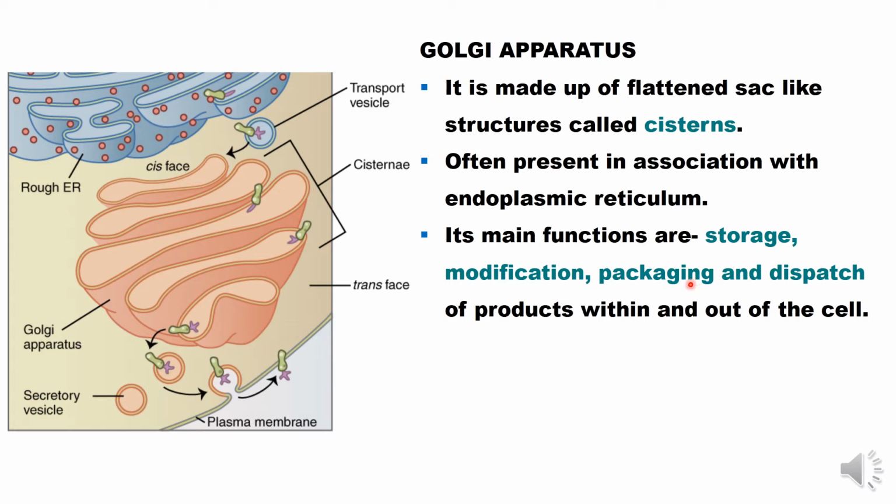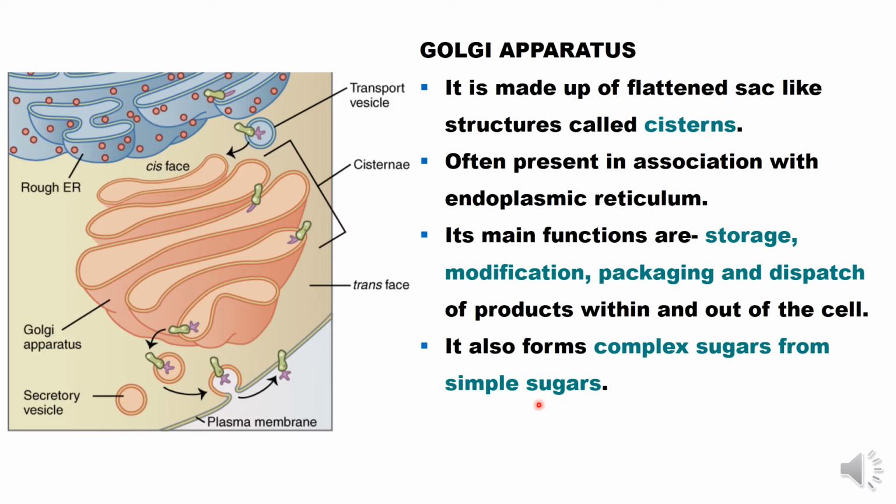Some of the products that it obtains from the endoplasmic reticulum through vesicles will be either stored, or if they need to be dispatched somewhere, then they will be packaged into smaller vesicles and then sent to their target position. Also, they modify various compounds, like they can form complex sugars from simple sugars.